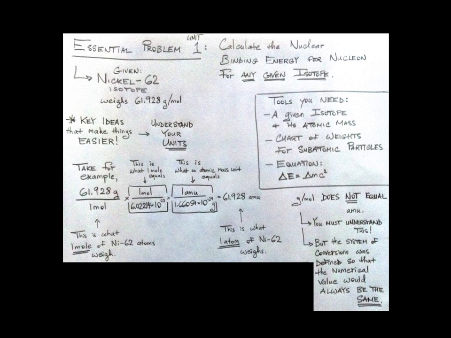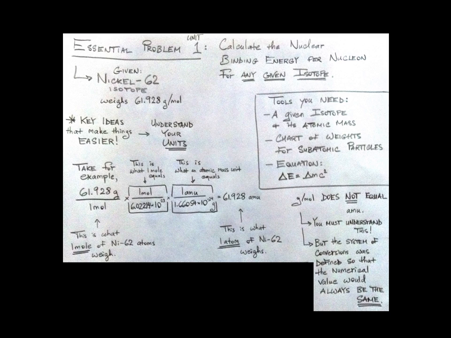If we convert this to AMU, given the definition for 1 mole and the equivalence of 1 AMU to 1.66054 × 10⁻²⁴ grams, we will find that one atom of nickel-62 weighs exactly 61.928 AMU, atomic mass units.